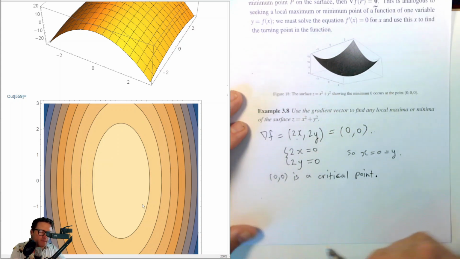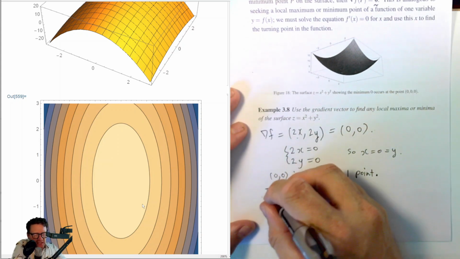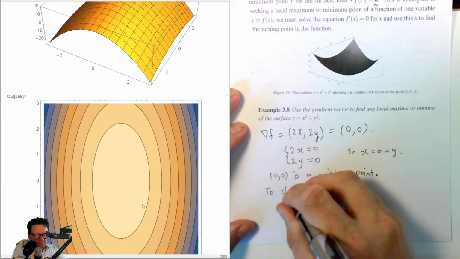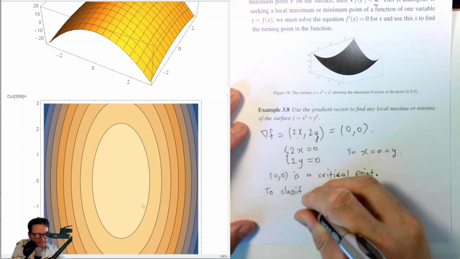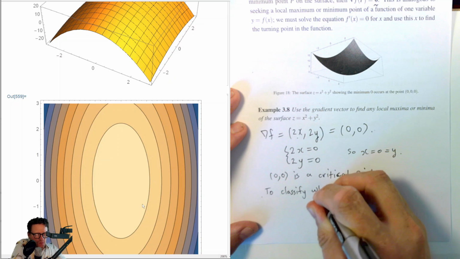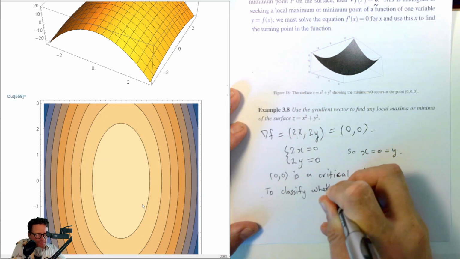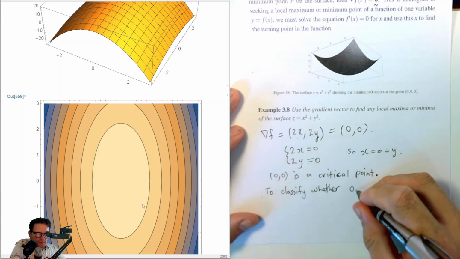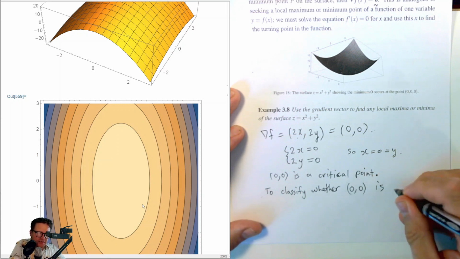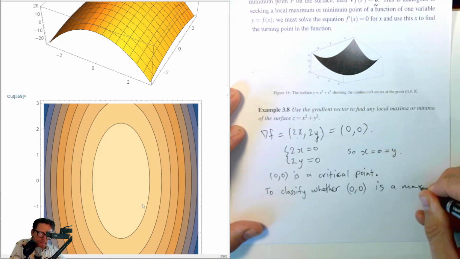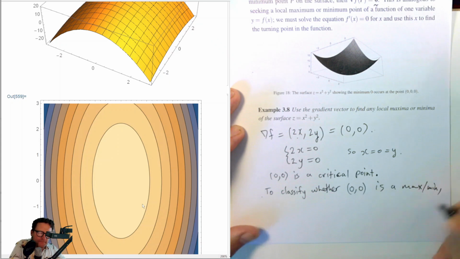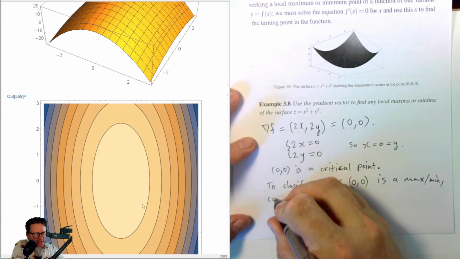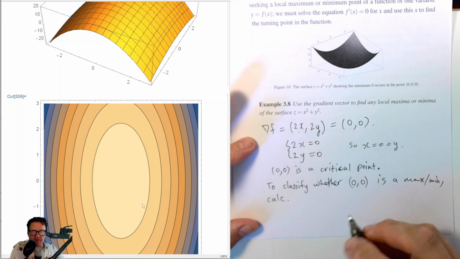All right, now to classify mathematically whether (0, 0) is a max or a min, what we need to do is calculate second derivatives.